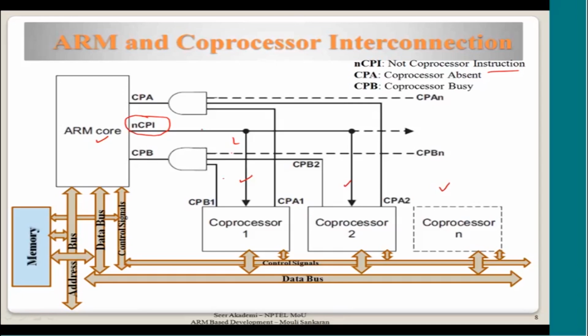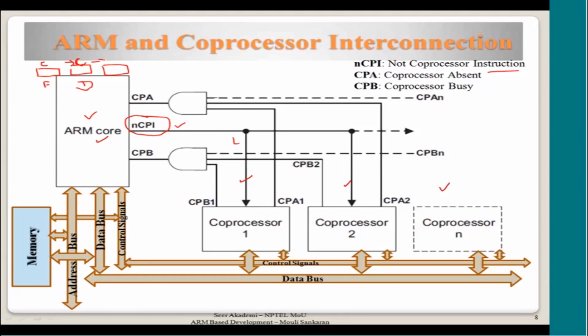Now, when will this signal be generated? Only when this coprocessor instruction has reached the execute stage. Remember, a coprocessor instruction will first come into the fetch stage, and then when it moves into the decode stage, the ARM core recognizes that, oh, it is a coprocessor instruction, it is not my instruction.